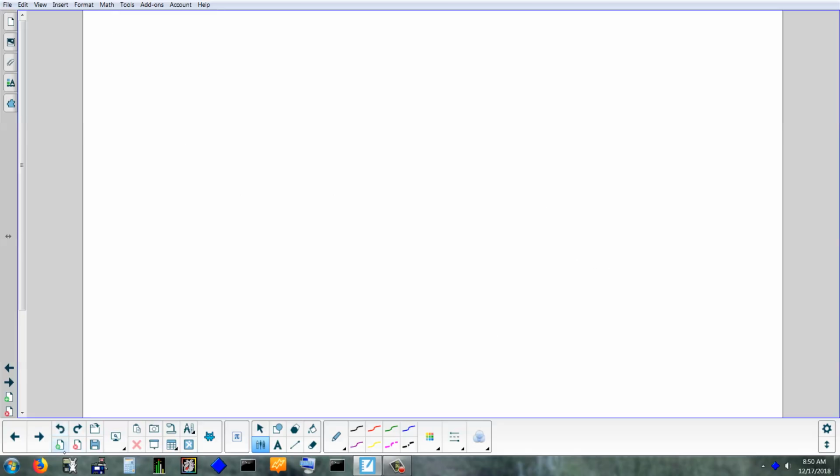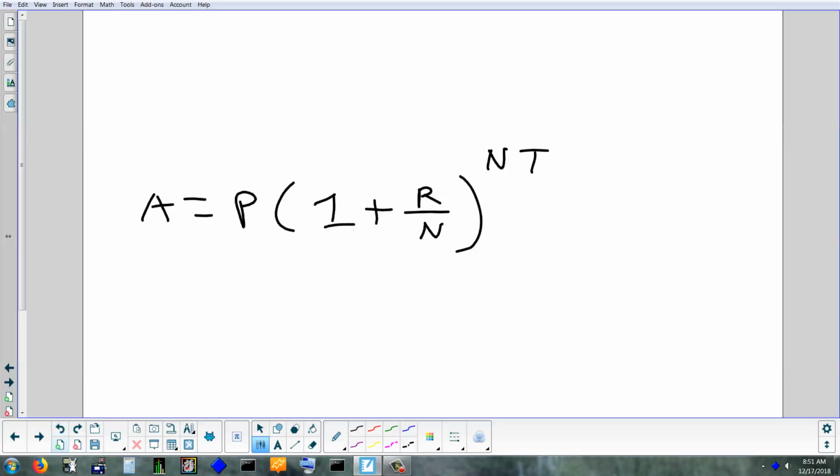Where does that happen? If you look at this equation, does anyone know what this is? I'll give you a hint: R stands for rate, and P stands for principal.